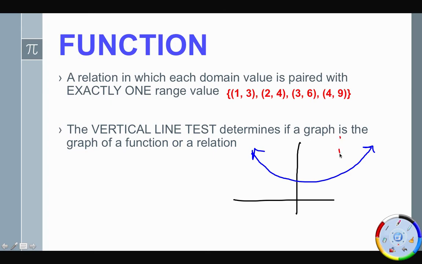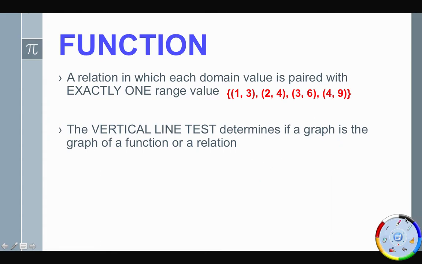We take this vertical line, and it only touches the blue line once. Each of these only touches the blue line once at these little intersection points here. And again, because each of these vertical lines touches only once, this is a function.